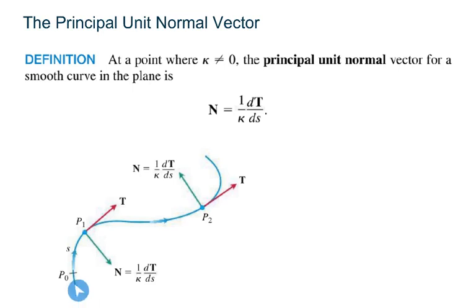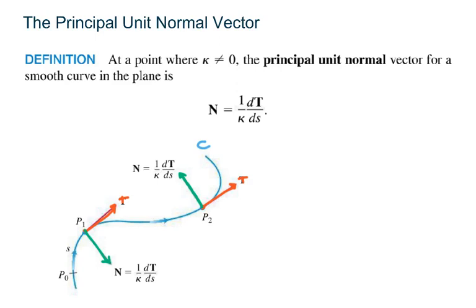Here I've pulled in a picture considering some space curve C. At different points on this curve, say P sub 1 and P sub 2, we have a unit tangent vector. Notice that at both of these points, where those unit tangent vectors originate, we have this principal unit normal vector, which is orthogonal to the unit tangent vector, meeting at 90-degree angles.